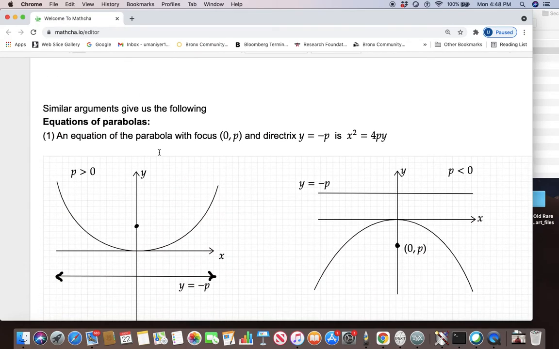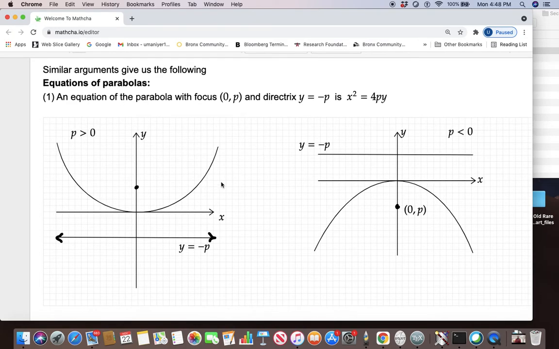Now, basically the same argument gives you the following situations. If p is greater than 0, your focus is at (0, p) and the directrix is below the x-axis, y equals negative p. This is the case we just studied. Here the equation is x squared equals 4py. On the other hand, if p is negative, your focus is below the x-axis, and the directrix y equals negative p is above the x-axis.